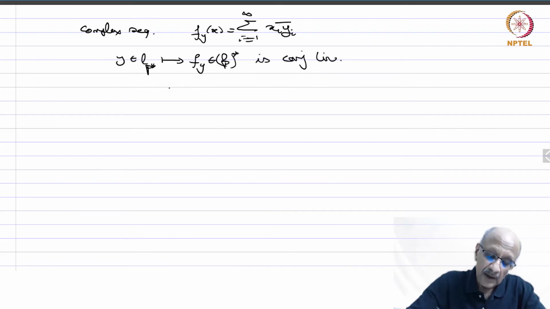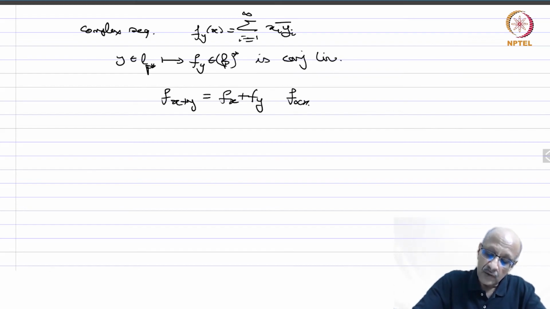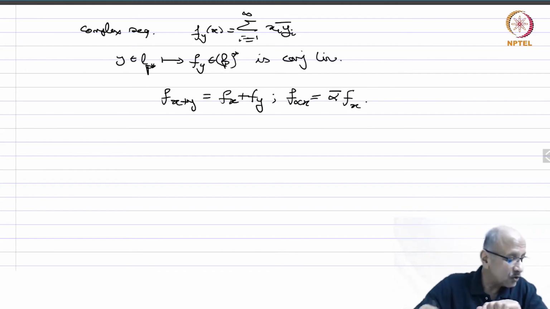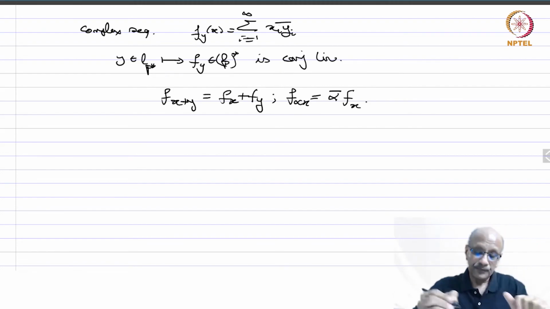What does it mean? You have that f of x plus y equals fx plus fy, but f of alpha x now will be alpha bar times f sub x, because of this conjugation here. This is a conjugate linear map, but it's still an isomorphism. The mapping J is identity and it's onto, and everything else goes through.